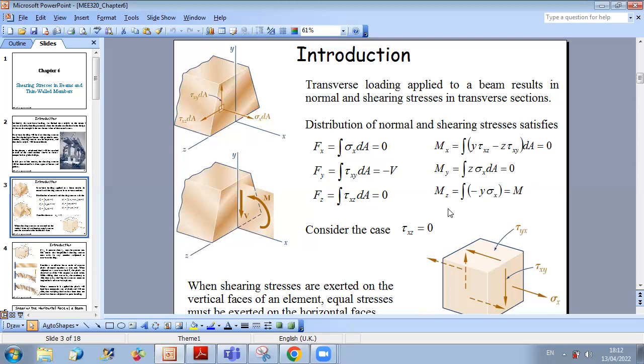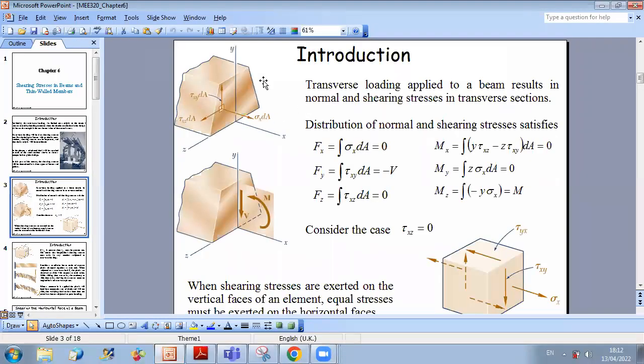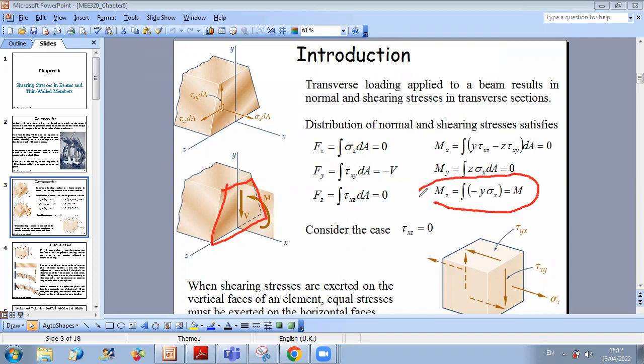So here you can see the results of transverse loading. As we mentioned already, transverse loading will lead to two aspects: the creation of bending moments and the creation of shear forces. This is why when you consider a certain cross section, the normal stress distribution will create the bending moment, while the shear stress distribution, tau applied to each element, will result in a total shear force.